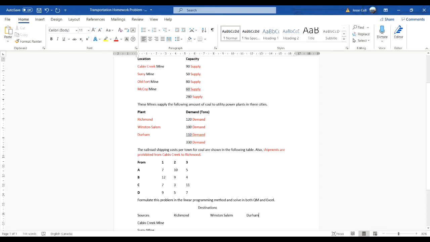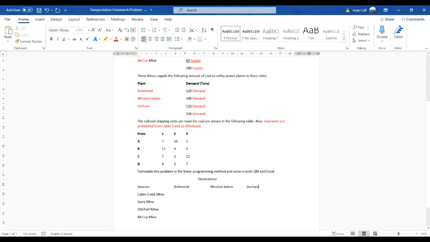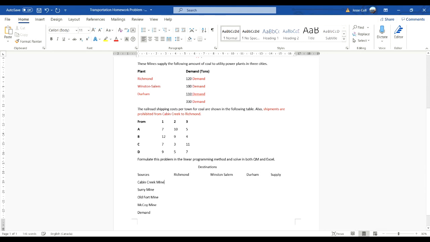So what we've done is we've rearranged this information here into our information here. And we'll go one step further, and we'll call this supply. We'll also go one step further, and down here, we'll call it demand. We're slowly recreating from the information given to us here the correct table as it should be displayed down here. So Cabin Creek to Richmond is $7.